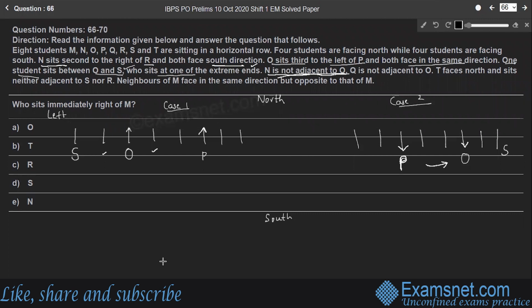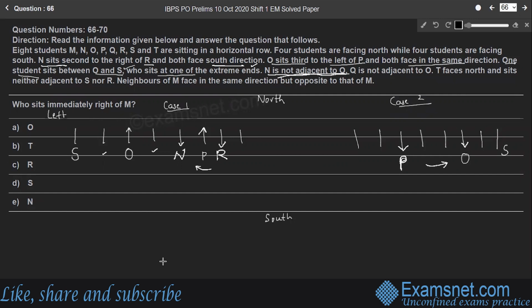And N sits second to the right of R. That means, if one of them is sitting here, either N or R. So consider N is sitting here. So what will be the position of R? So position of R will be here. So second to the right of R means this direction. So N is sitting second to the right of R and both face same direction, south direction, right?